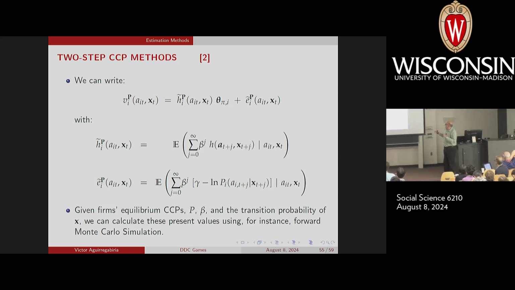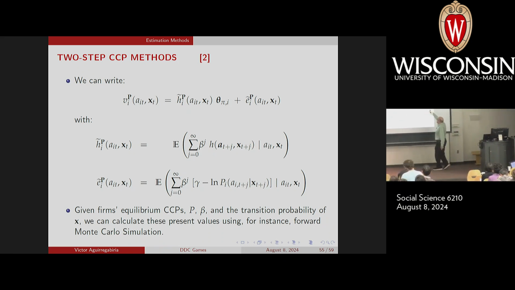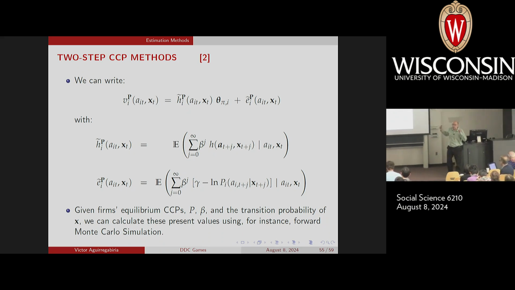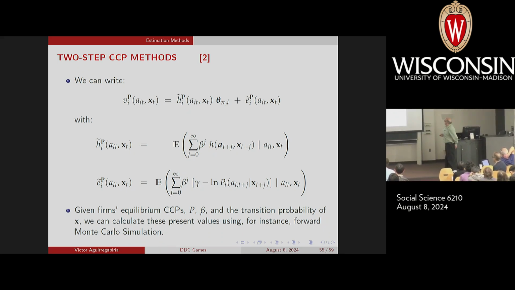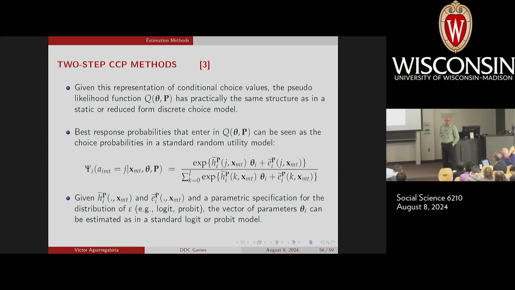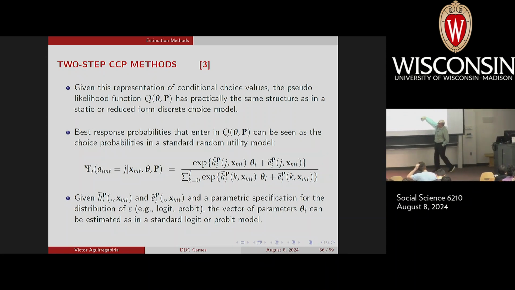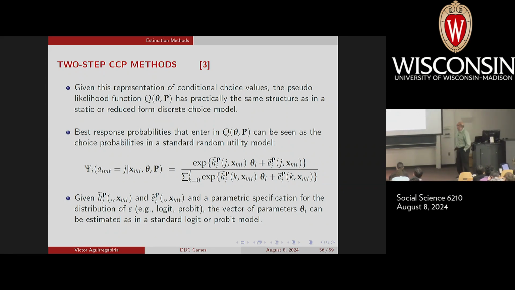But given P, notice that these objects do not depend explicitly on the structural parameters. Given the choice probabilities, I can calculate these objects. They are known to the researcher. Then a two-step estimation method is this: given P, I can calculate these best response functions in this way, and then I can put these best responses in my pseudo-likelihood function.